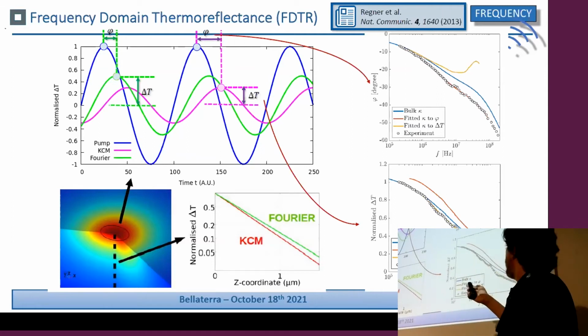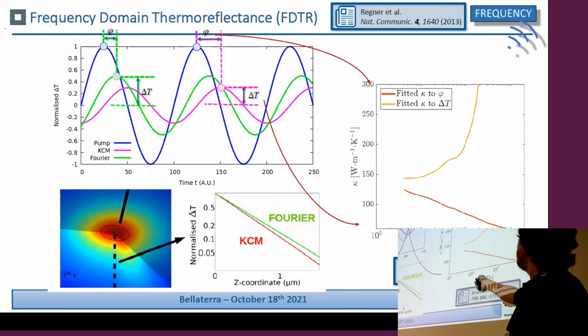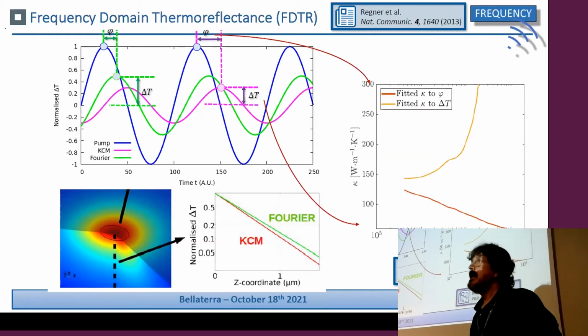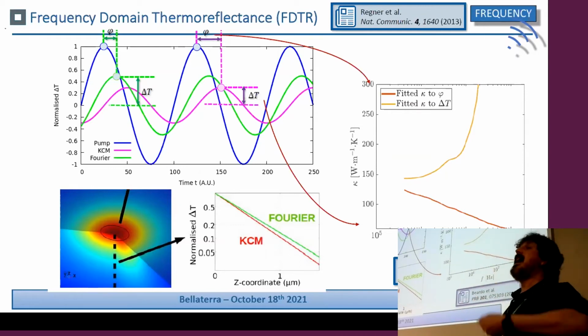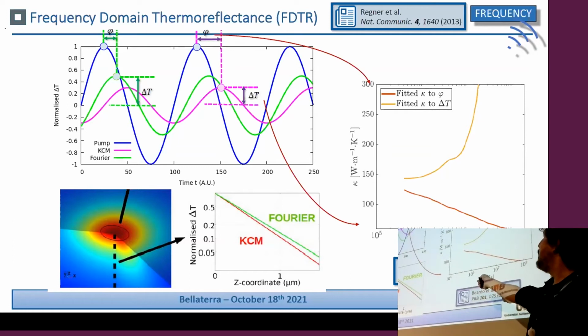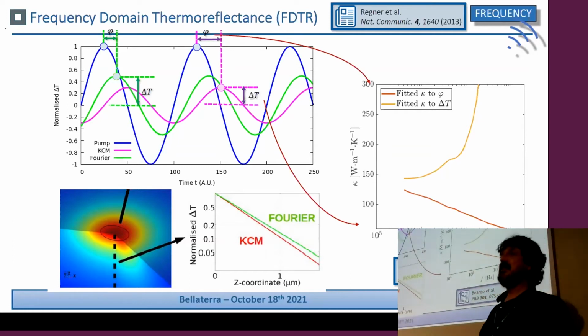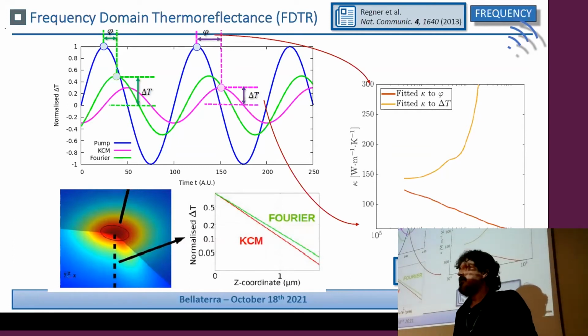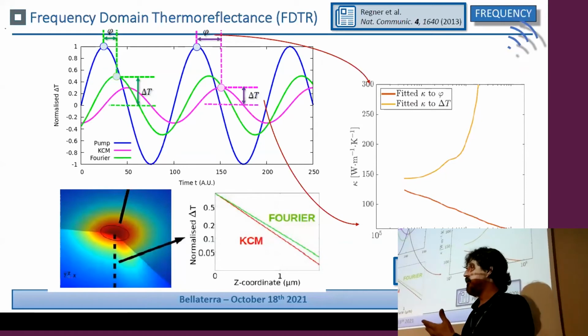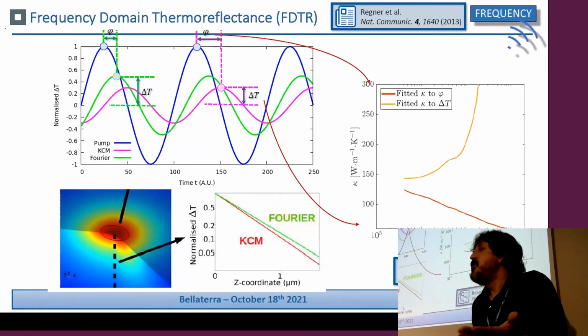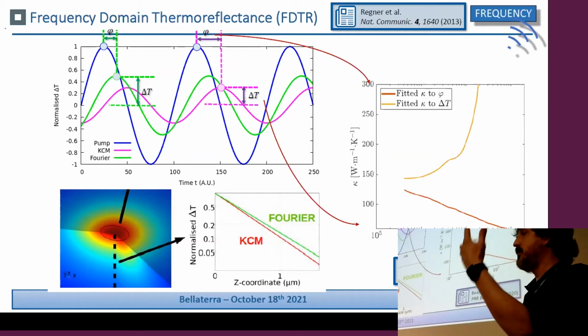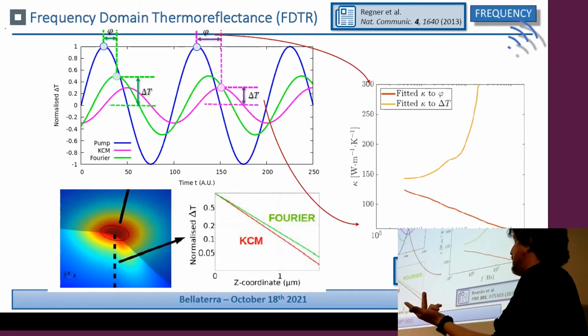So what happens is that the effective thermal conductivity that you need to fit the delta T is higher as you go higher in frequency. And the thermal conductivity that you need to fit the phase is lower. So once again, game over for Fourier's law. You cannot use two thermal conductivities for the same experiment.